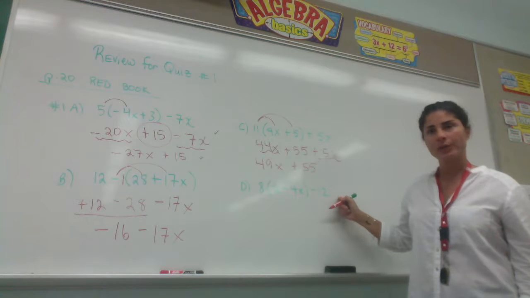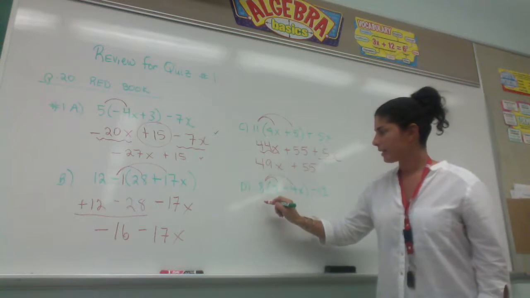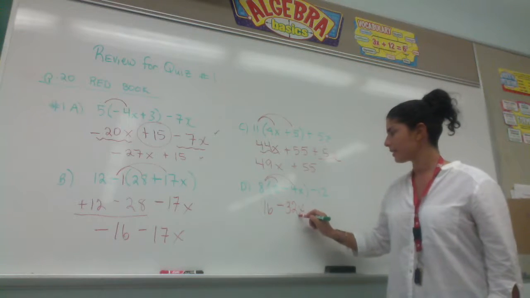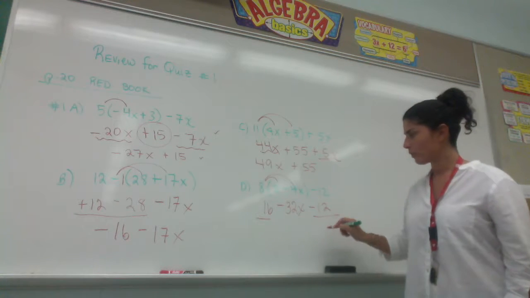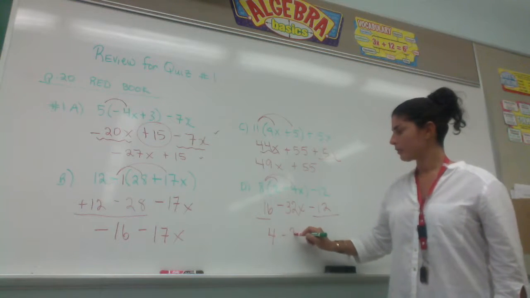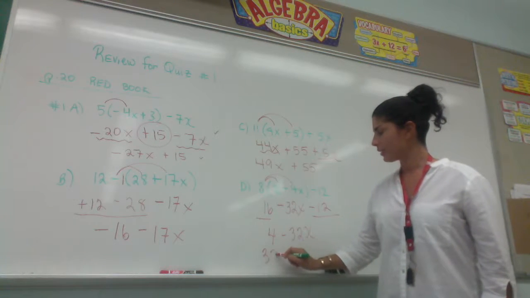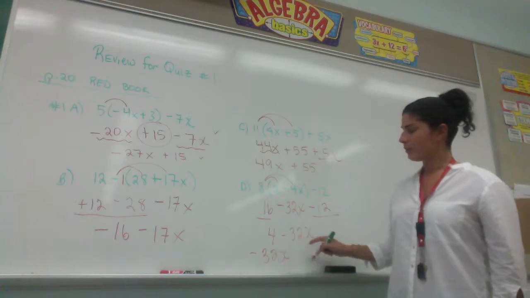Voila, last one for number 1, 8 times 2, 8 times negative 4. 8 times 2 is 16, 8 times that is negative 32 x's minus 12. What do I have? 16 minus 12 is 4 minus 32x. Could I have written negative 32x plus 4?